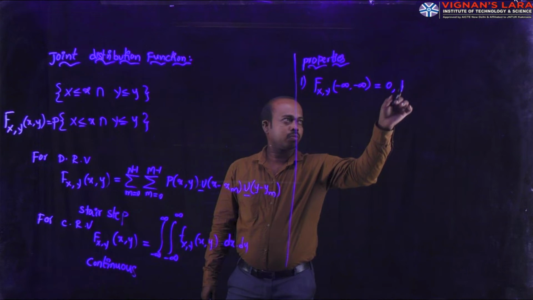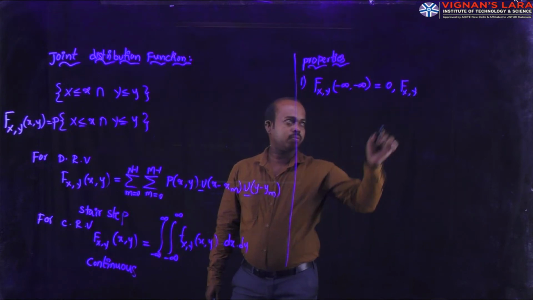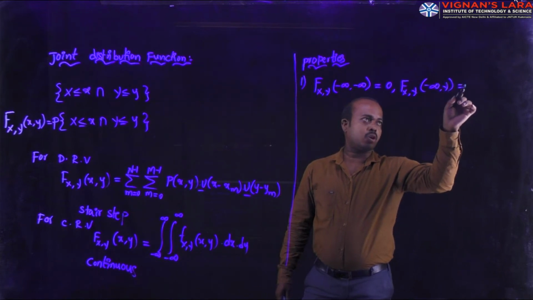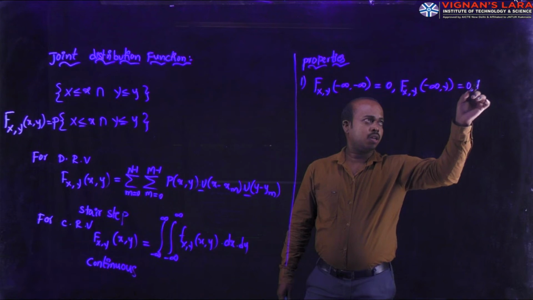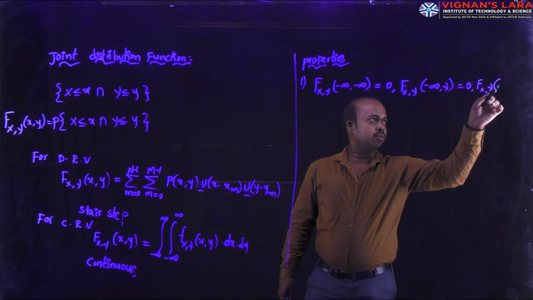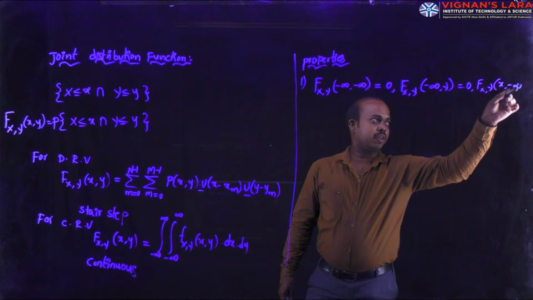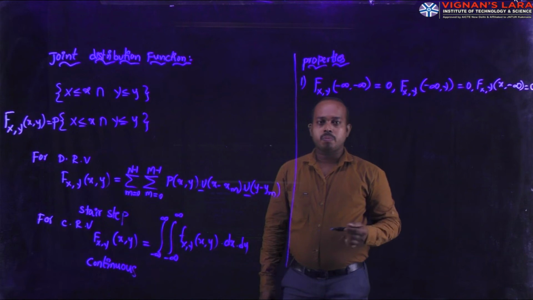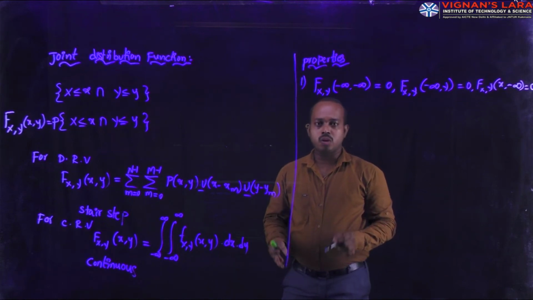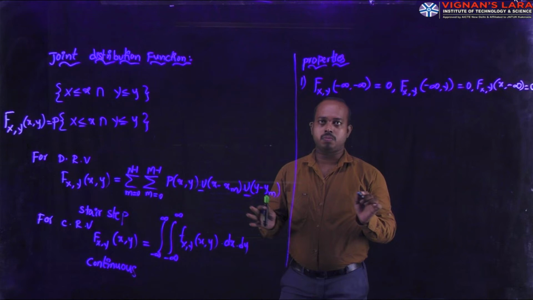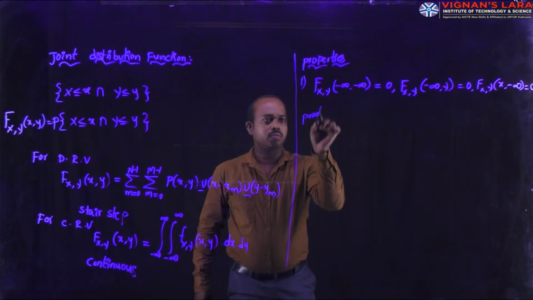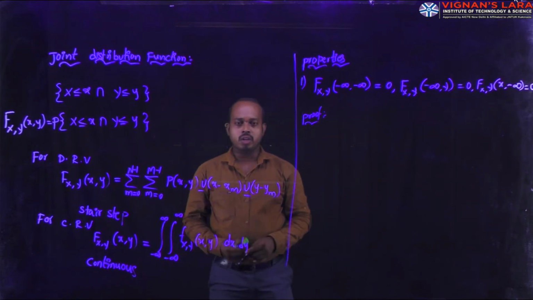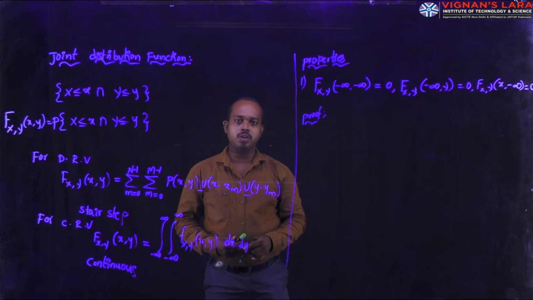And F_{X,Y}(minus infinity, y) is equal to 0, and F_{X,Y}(x, minus infinity), the quantity is 0. These three properties are based on the values of the single distribution function. Now we can prove this. Already we have the conditions of random variables and the conditions of probability theory.